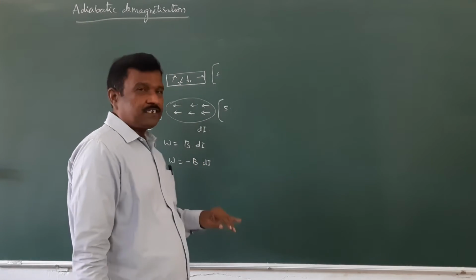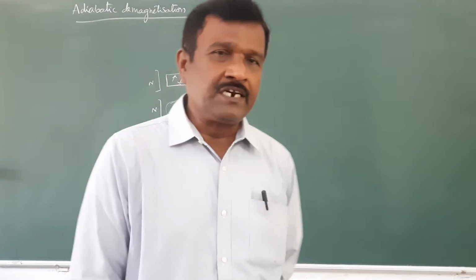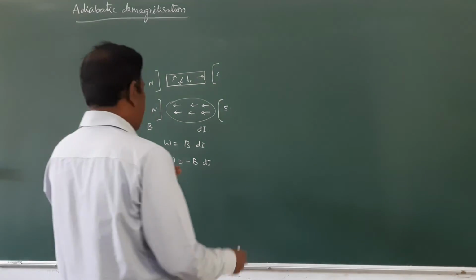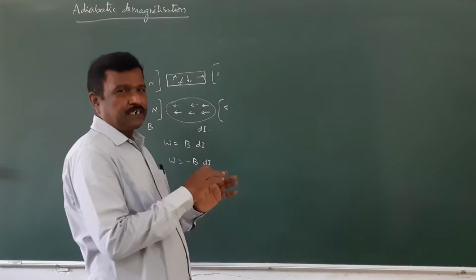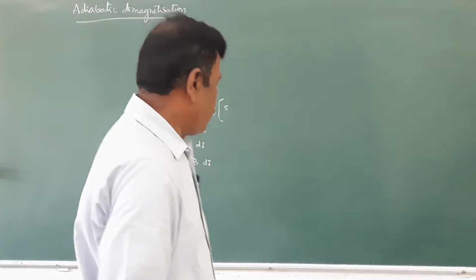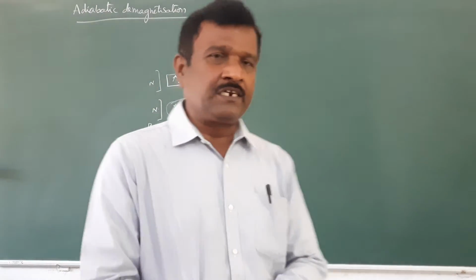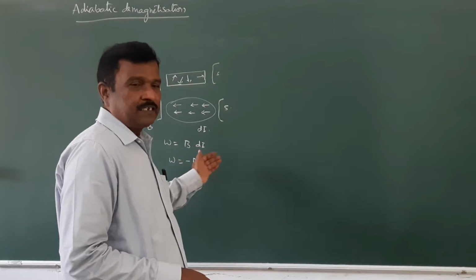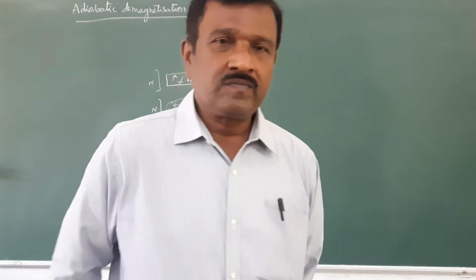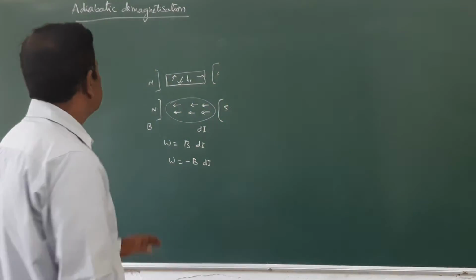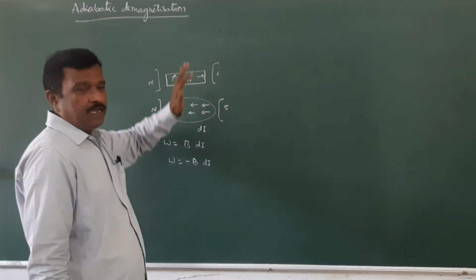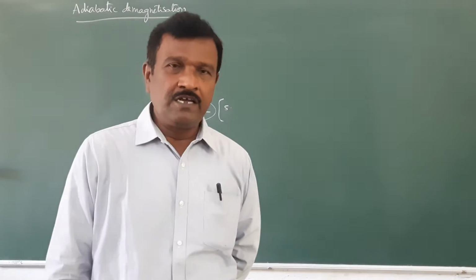In order to disrupt this magnetization, a certain amount of work has to be done by the substance. When the work is done by the substance for demagnetization, its temperature is further reduced. And this process is called adiabatic demagnetization.